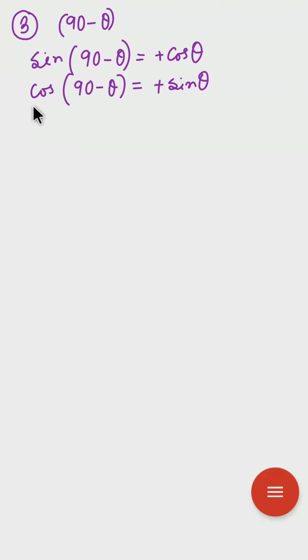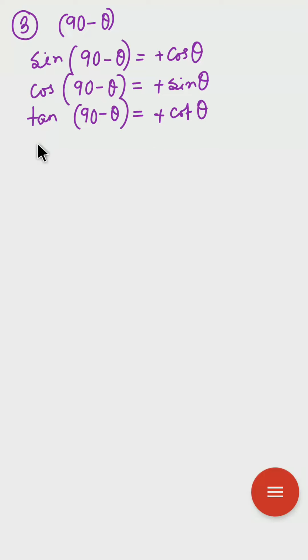Applying the same formula, let's try with tan. So tan 90 minus theta, again the angle is in the first quadrant where everything is positive, so the plus sign. Now 90 multiple is 1, so tan will change to cot. So cot theta.